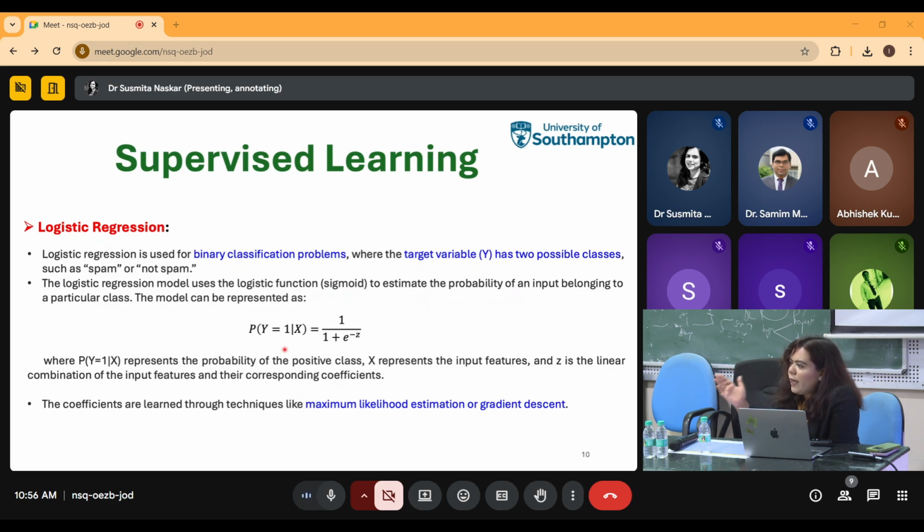It will tell you a possibility between 0 and 1. And according to the coefficients you take, you get a value that could be 0.5 or 0.6, or near to 0 or near to 1. It is not going to tell you that it's going to be 1. That's the main difference. It is going to give you the probability rather than the exact number. So that's the main difference here, right?